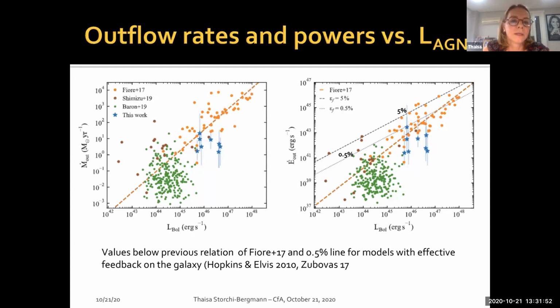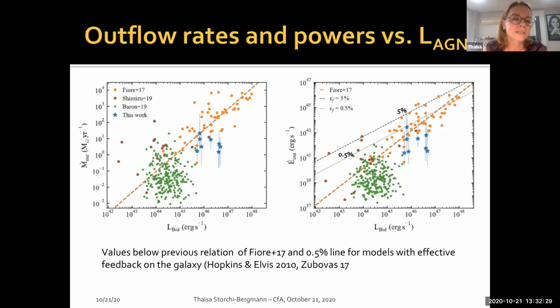Now, for example, Baron and Netzer, ourselves, and also Crenshaw, Kraemer, and collaborators realized that when you do a proper photoionization modeling of the gas in outflow, using the O III fluxes and line ratios from other emission lines, the density is higher.